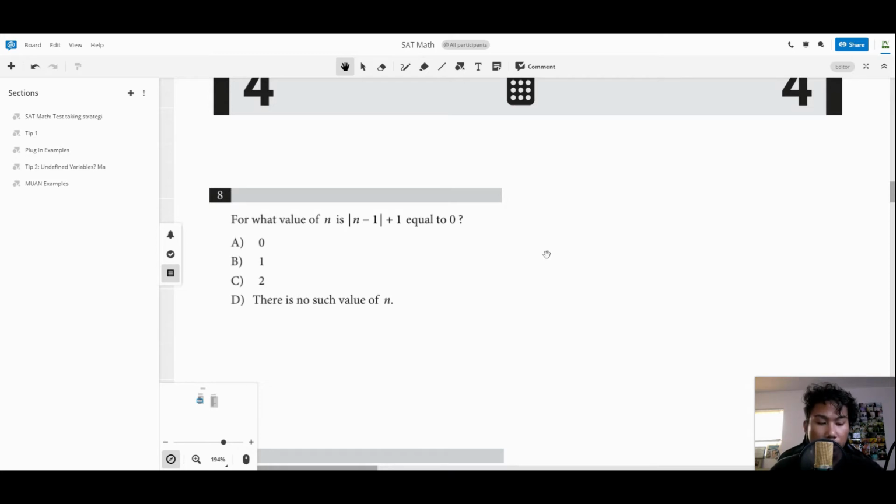So let me go ahead and rewrite this here and make it |n minus 1| plus 1 is equal to 0 rather than having the equal to there. So in this problem, I can solve it like how I did the other problems, in which I can substitute the answer choices in for the variable and hope to get the correct end result.